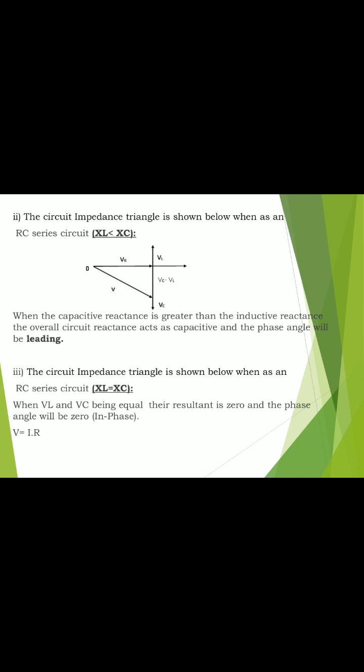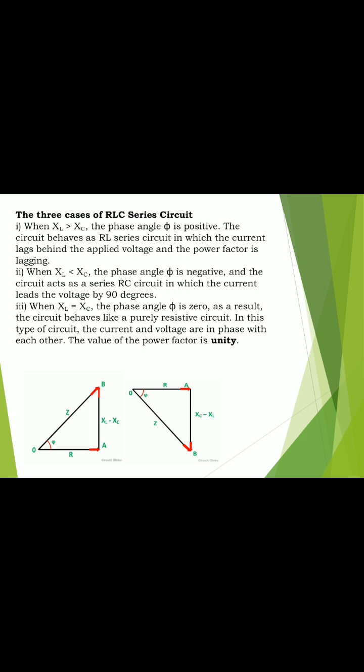And the third case is where XL is equal to XC. In this case, VL and VC being equal and in direct phase opposition with each other, the resultant is 0. Therefore, applied voltage V is equal to the voltage drop across resistance, such as V is equal to I into R, or you can find out I by the formula V upon R. So here are the three cases in a line.